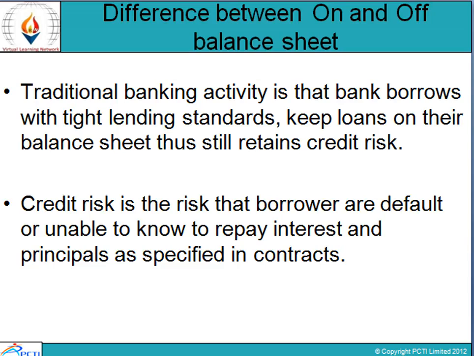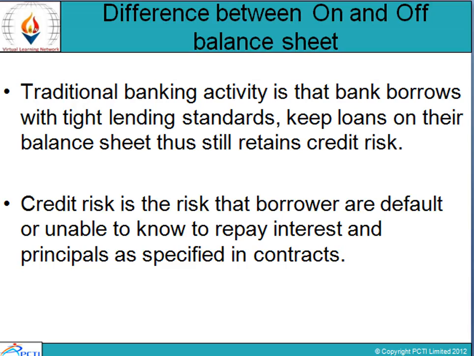Now when we talk about difference between on and off balance sheet, traditionally what used to happen, banking activity basically comprises where bank borrows within some tight lending standards. These used to keep the loans on their balance sheet and they still retain the credit risk.